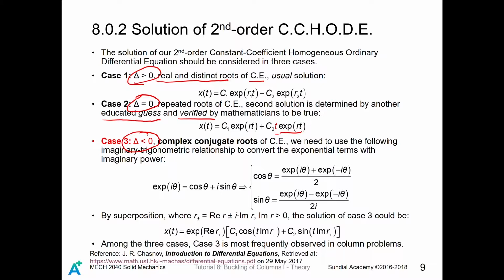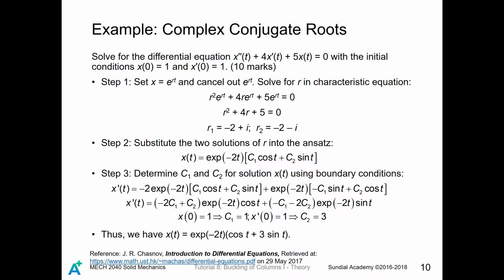But if we only say the solution is this, then you will not know how we are going to solve differential equations. So the following is an example of a second order constant coefficient ordinary differential equation, which is homogeneous. For this differential equation, there are two initial conditions, which are given here.